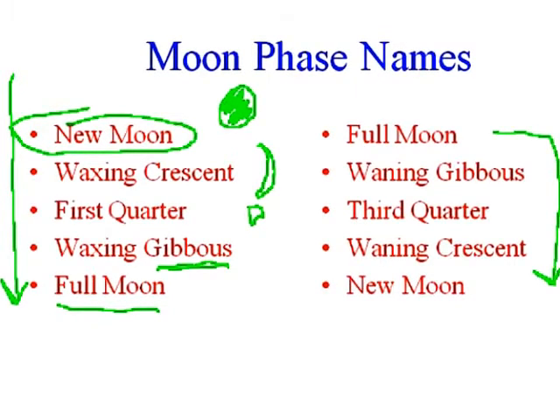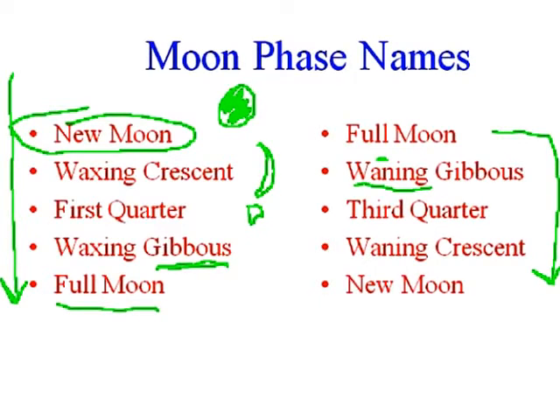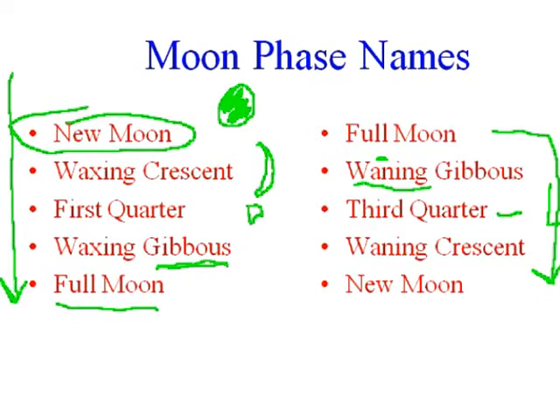The light shrinks, more than half, back to a crescent, and back to the dark again. So this side is said to be waning: a waning gibbous moon, a waning crescent moon, and sometimes the third quarter is called the last quarter, a last quarter moon.